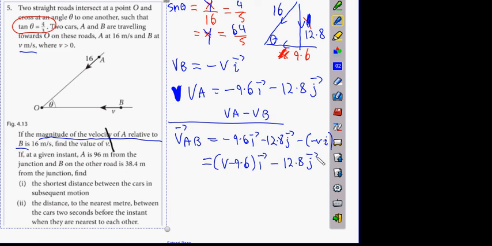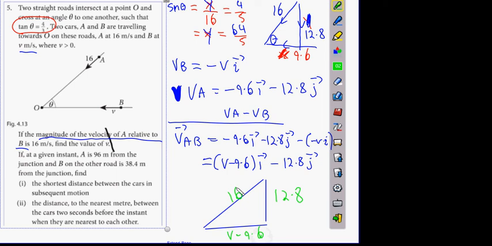Now I have no idea how big v is, okay? I have no clue what direction it's going in at the moment. But what I can do is construct a triangle. It doesn't really matter as such. We can just say it goes 12.8 and it goes v minus 9.6, and we know that the hypotenuse is 16.